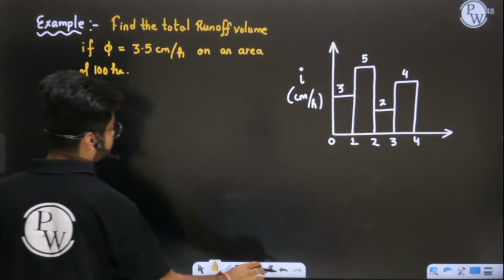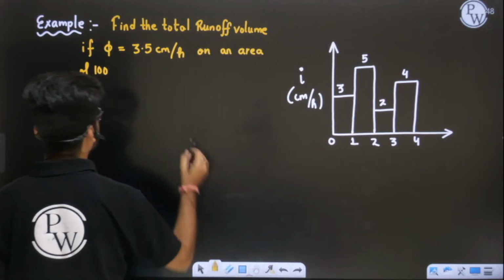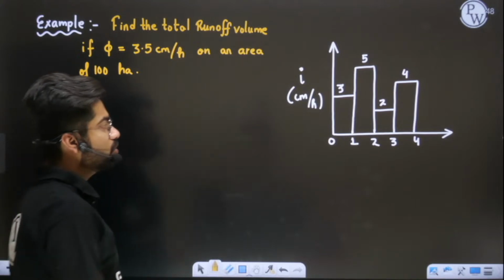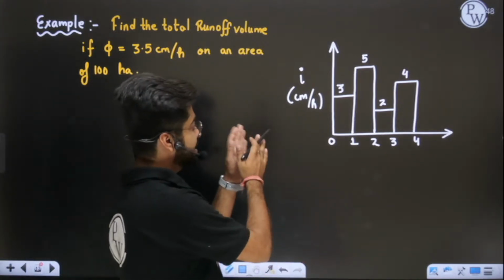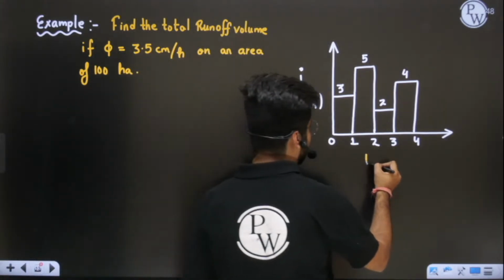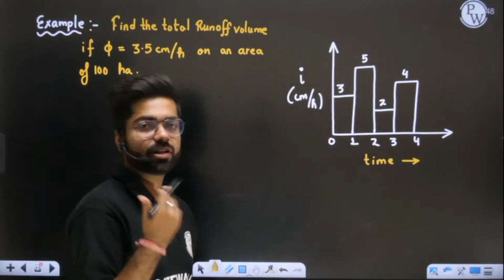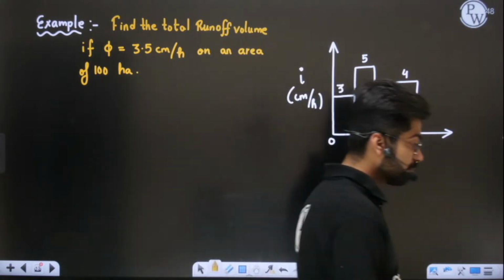So this is the question. With the help of this question, you will easily be able to understand what phi index exactly is. Sir, you are giving me an intensity versus time graph. This is obviously showing you the rainfall pattern. Rainfall intensity versus time graph is showing you the rainfall pattern.